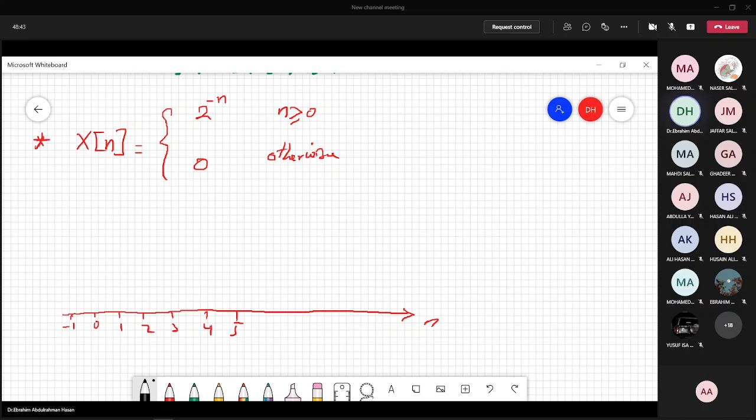Okay. For n greater than or equal to 0, I can use this formula, but else it is equal to 0. So it means that at -1 for sure it is equal to 0. At 0, it is 2 to the power of 0, which is equal to 1.